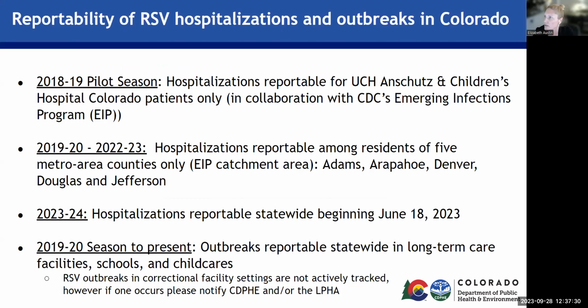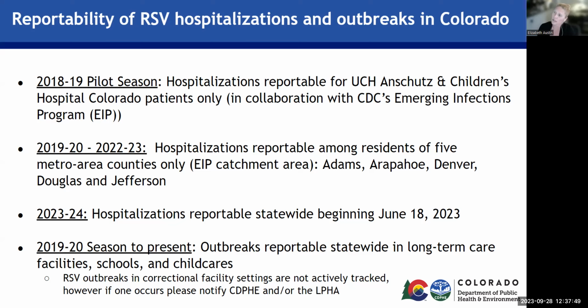And to review the reportability of RSV conditions in Colorado, as I mentioned before, RSV recently became reportable in terms of hospital admissions and outbreaks. So in 2018-19, that was considered our pilot season.